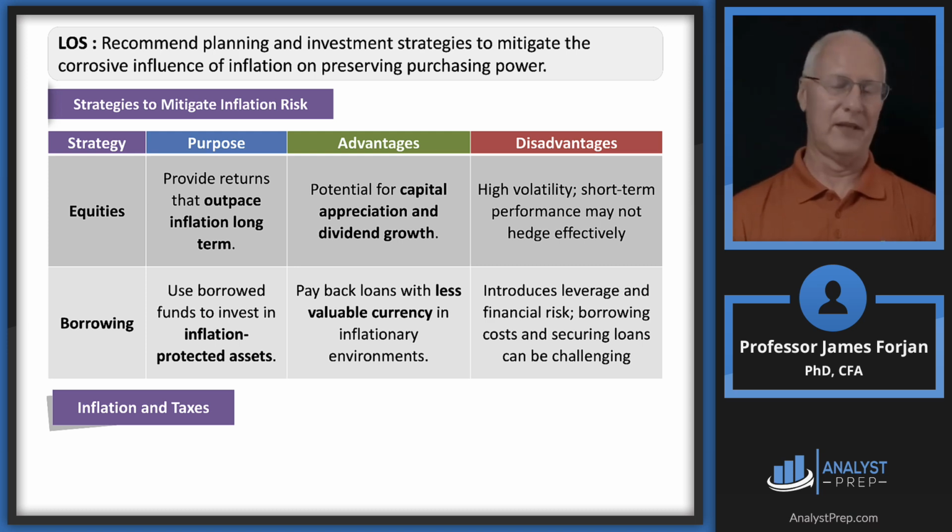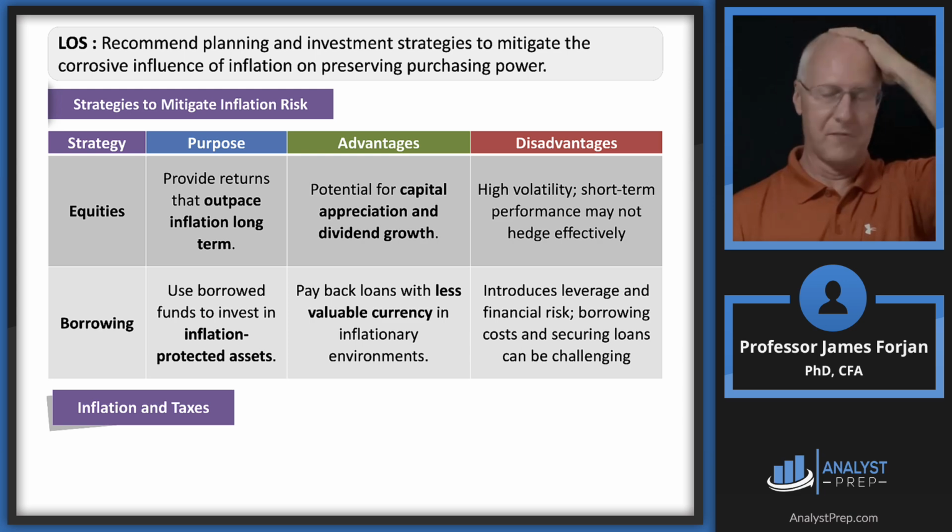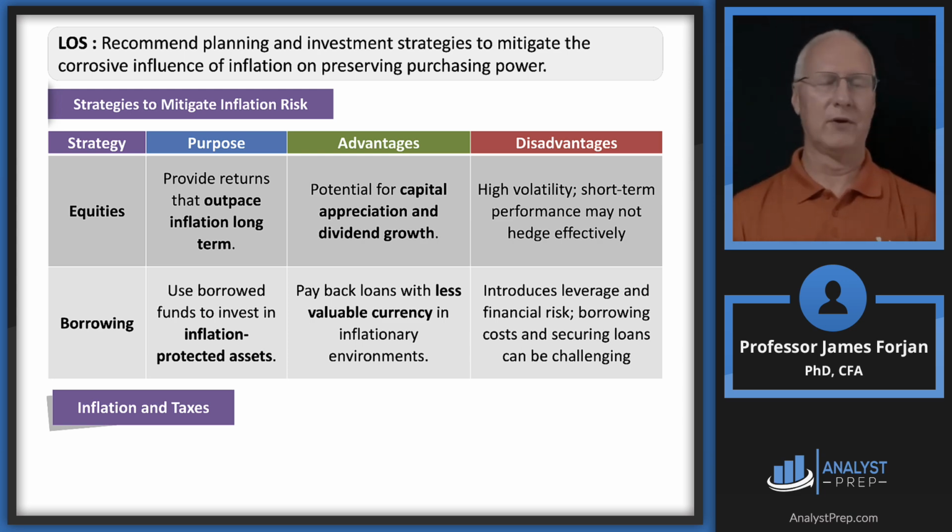I'm not a big fan of this next line, borrowing. Use borrowed funds to invest in inflation-protected assets. I sure hope that we would never go ahead and say, you know what, let's take out a home equity loan, and then let's use the proceeds of that home equity loan to go ahead and buy some of those ILBs. Of course, look at the disadvantage. It introduces leverage.